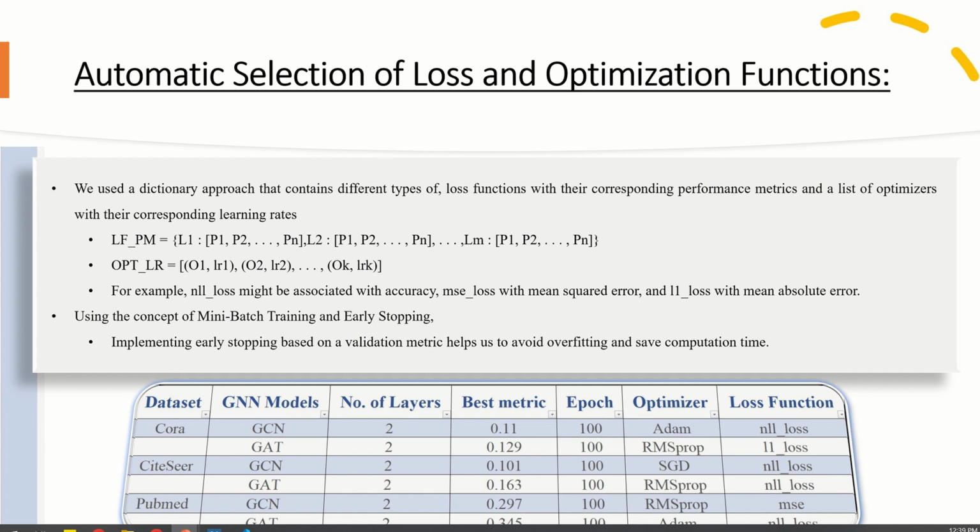As you can see, in our study we use a graph convolutional neural network and a graph attention network with two layers.